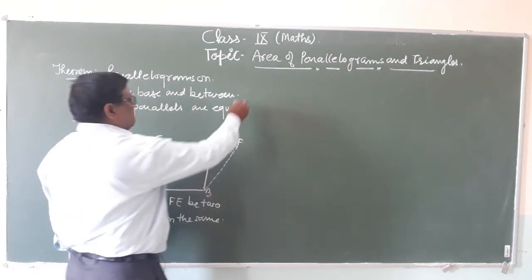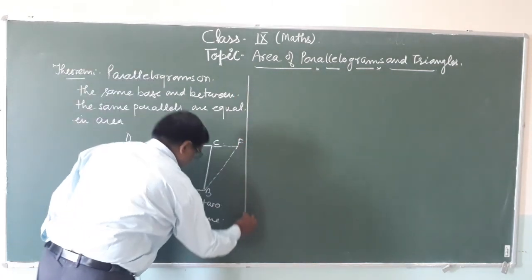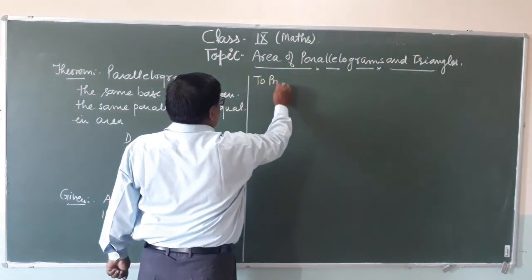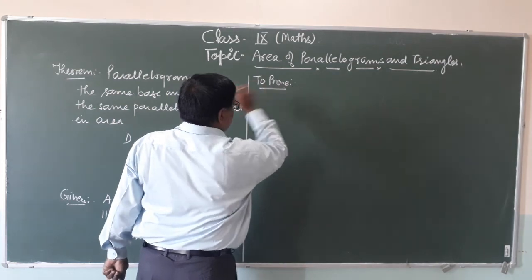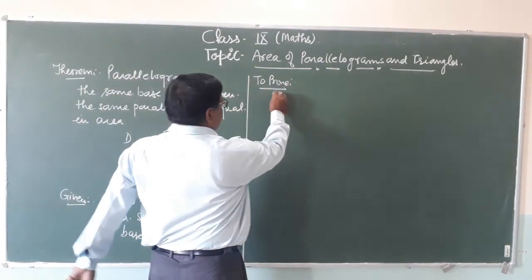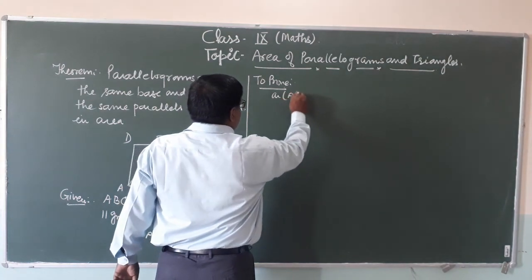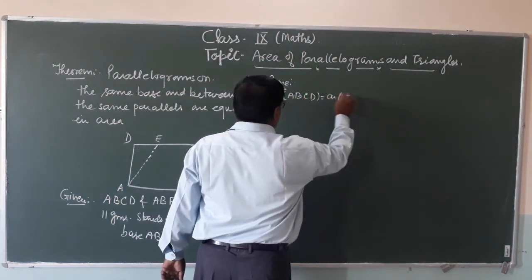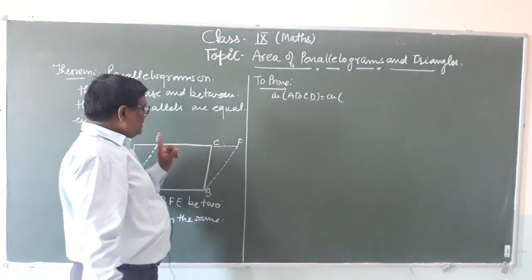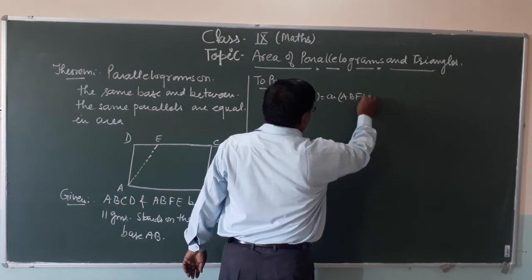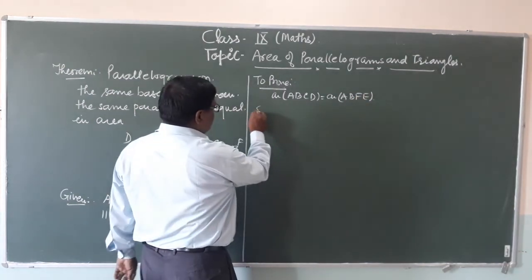Now our proof is, that is to prove, area of ABCD is equal to area of ABFE.